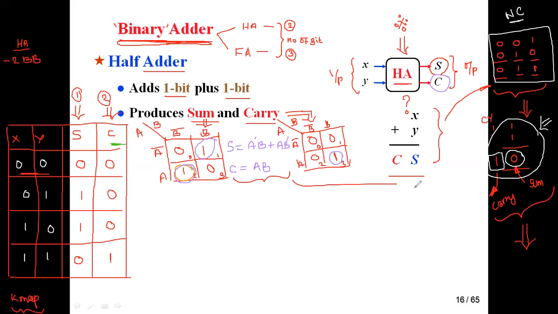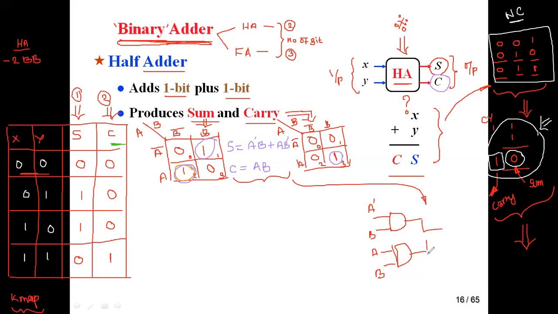So from this, I'm going to design a logic circuit. For the sum, I'm going to multiply two variables: one input is A bar, another input is B. Similarly, another logical multiplication gate for A and B bar.